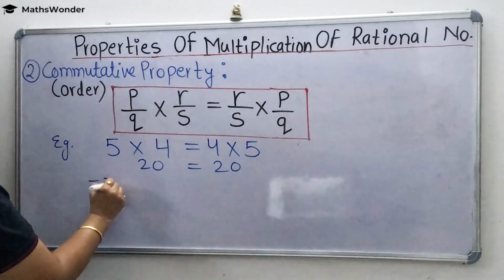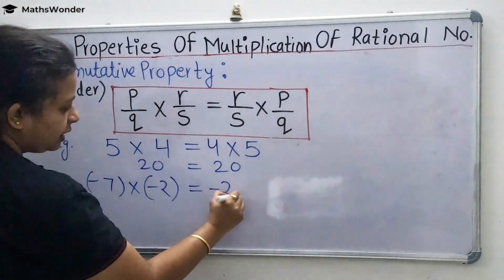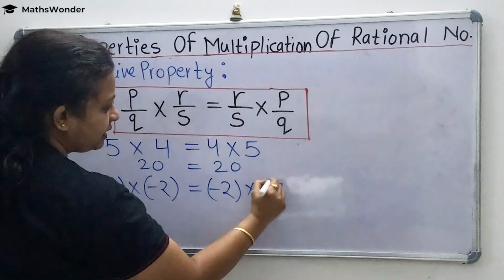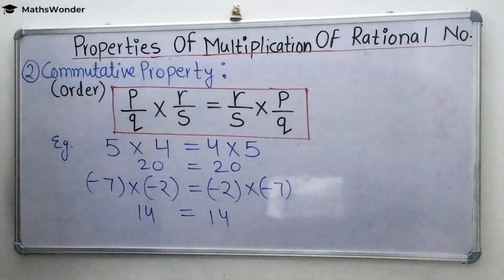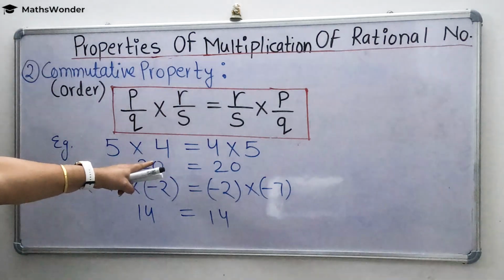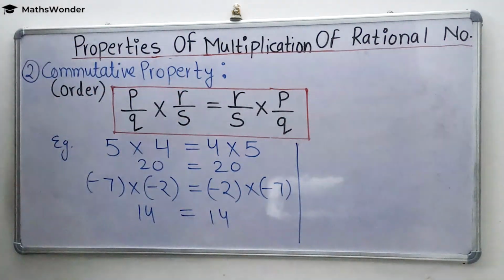Same with integers, -7 times -2. When you change the order, -2 times -7, you get 14 on both sides. So the simple conclusion is the product of two rational numbers remains the same even if we change their order.